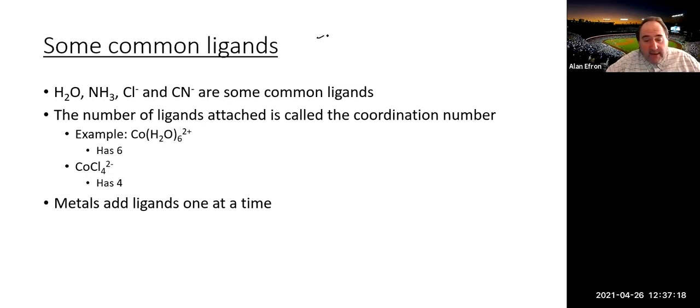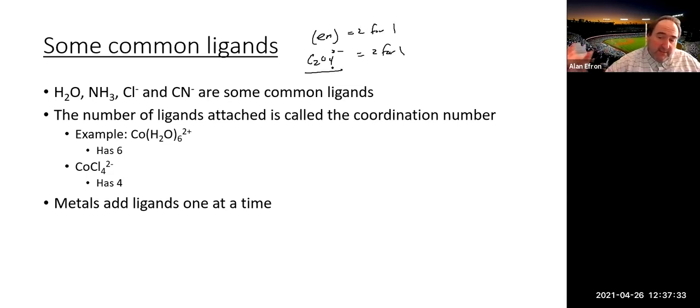Things like ethylenediamine are like a 2-for-1 situation. We also have oxalate, also a 2-for-1 situation. Every one of these molecules will bind in two places per molecule, basically doubling your coordination number if you're counting it up. We also saw things like EDTA, which does a 6-per-1 sort of binding.